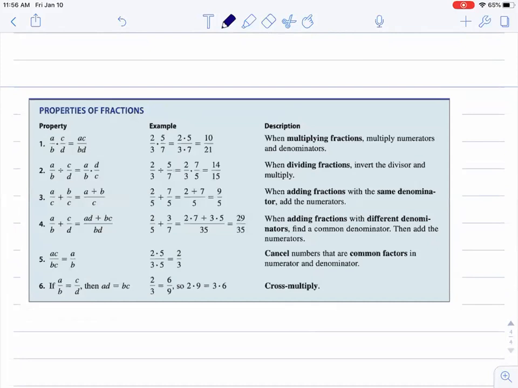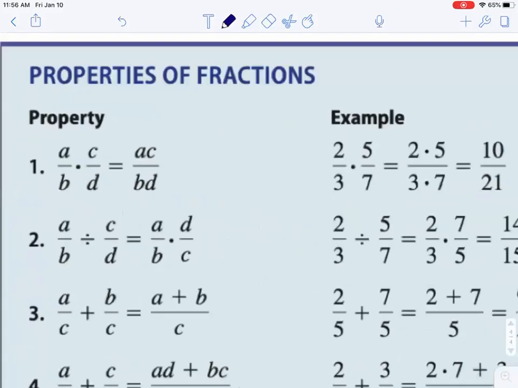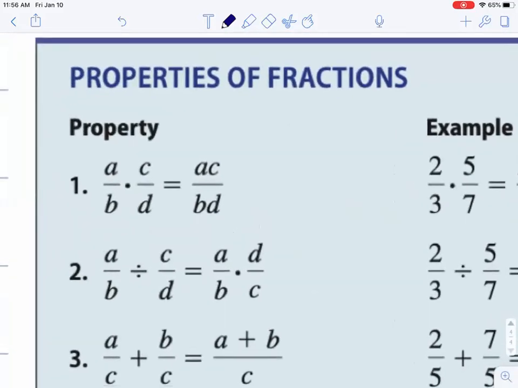And so the reason they start with multiplying fractions is it's actually the easiest one to do. So what you'll see from here is that if you're multiplying two fractions, regardless of what the denominators are, we just multiply across and multiply across to get our answer. So multiplying fractions is going to be the easiest thing that we can do.